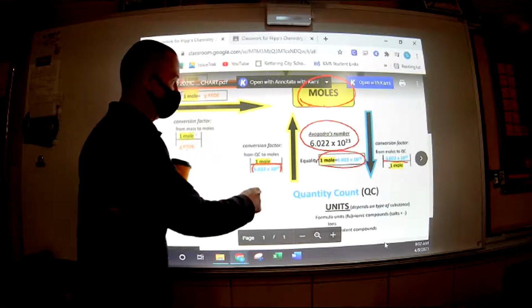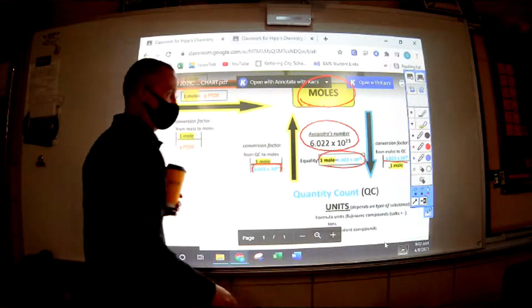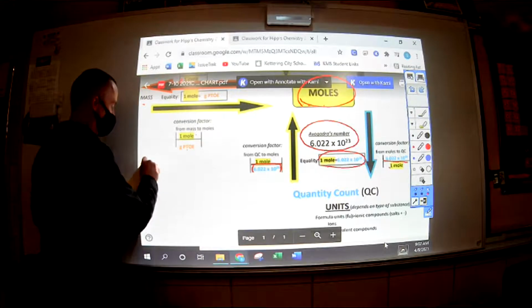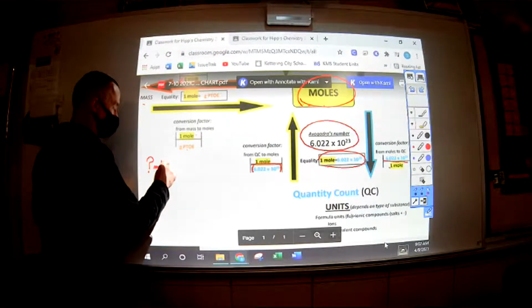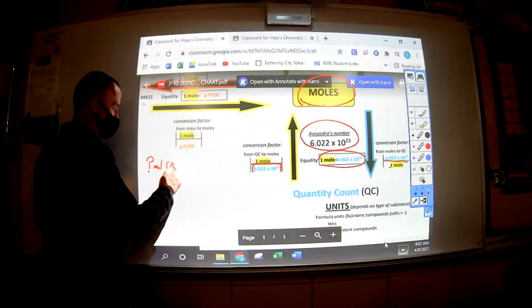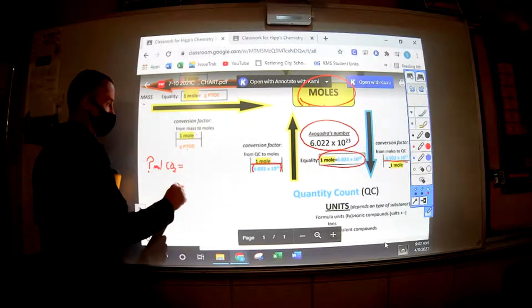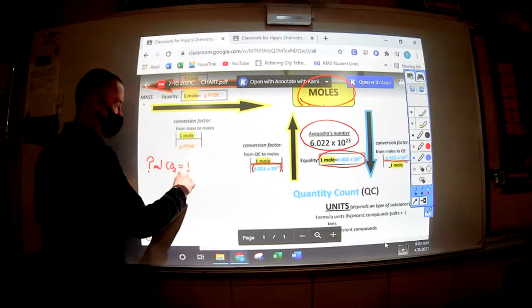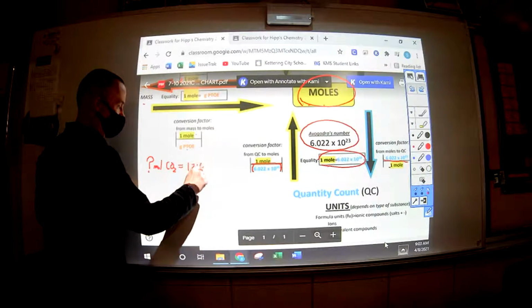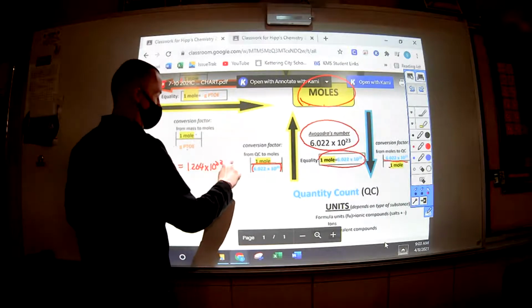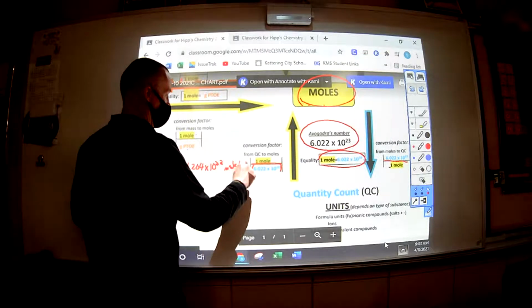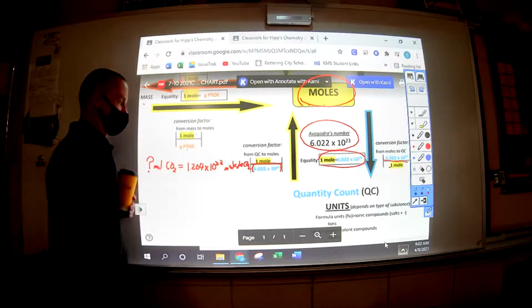So let's say I am asked a question something like this. How many moles of carbon dioxide would I have if I have 1.204 times 10 to the 24th molecules of carbon dioxide?